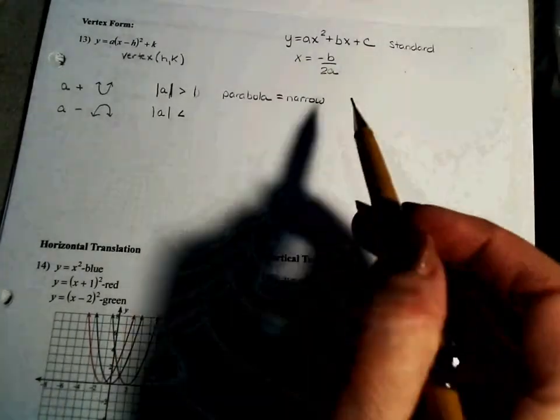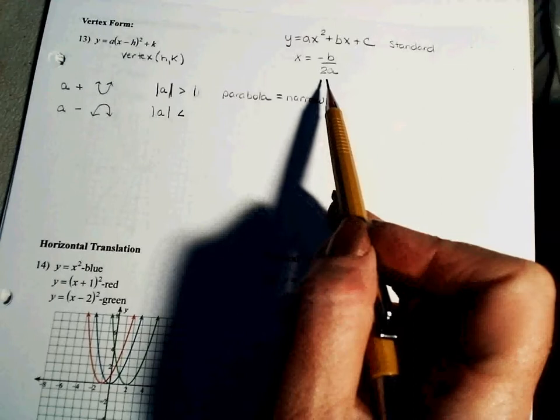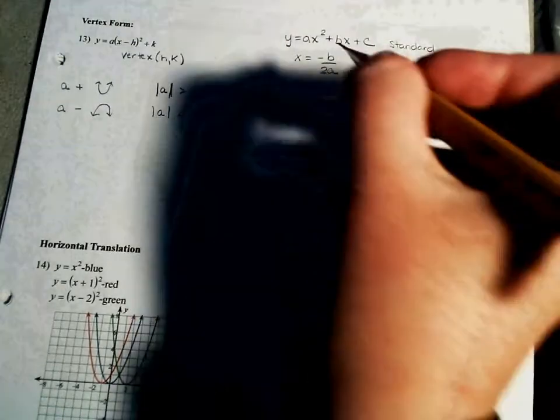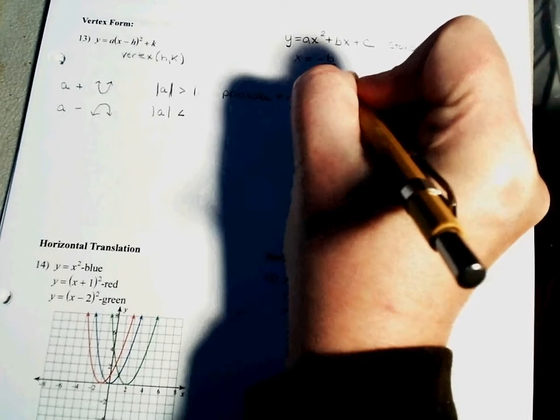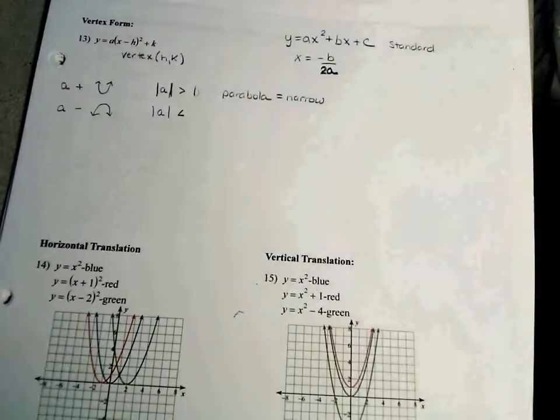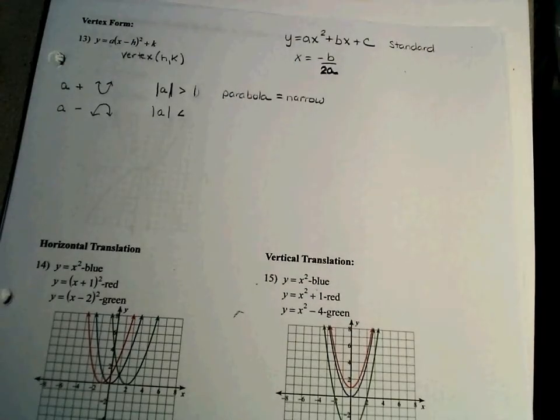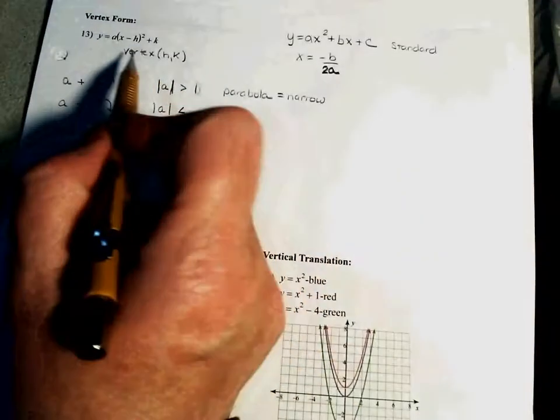Now in standard form you have to find the vertex by doing x equals negative b over 2a. You did that yesterday in your homework, which I'll check today and upload you some feedback. In vertex form, you don't have to do the work because the vertex lives in the form.